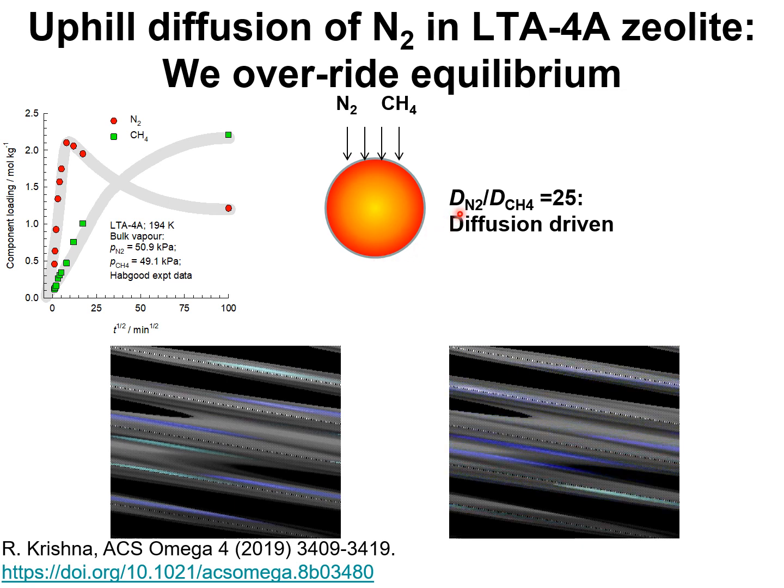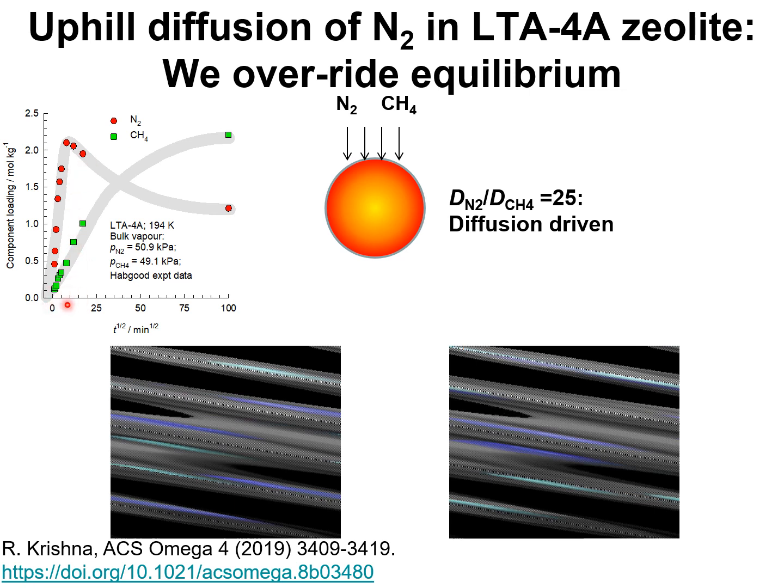Due to partial window blocking, the ratio of the diffusivity of nitrogen to that of methane is 25, and experimental data on the transient uptake of nitrogen and methane inside the pores of 4A zeolite are shown here.